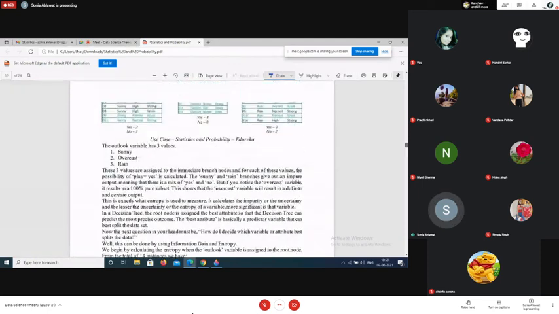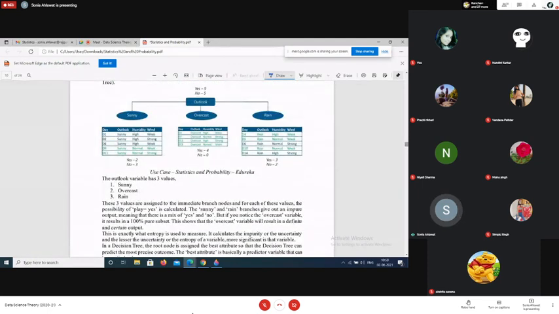There is an example related to sunny, overcast and rain. This is a data set where a person wants to play some kind of outdoor game, but it depends on the day's environment, whether it is sunny, overcast or rain. I want you to kindly go through it yourself.